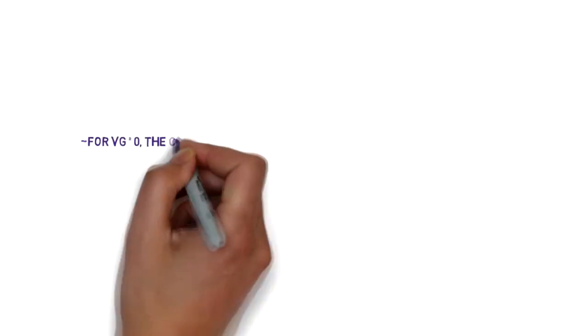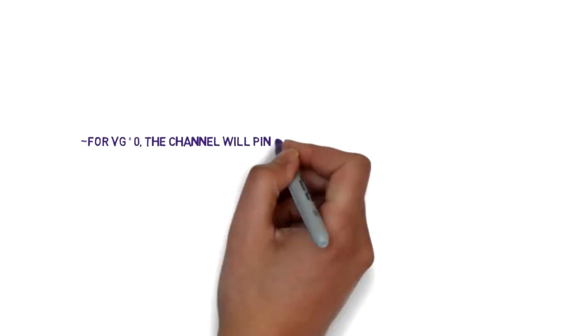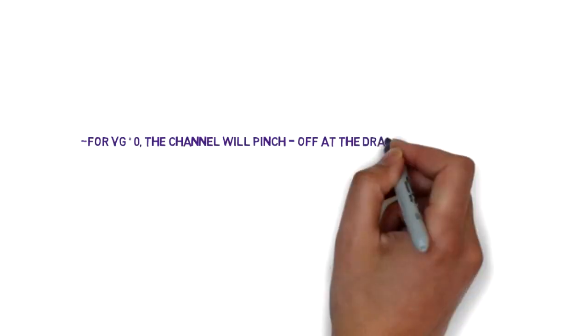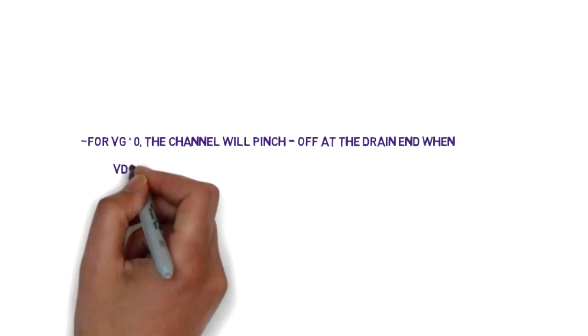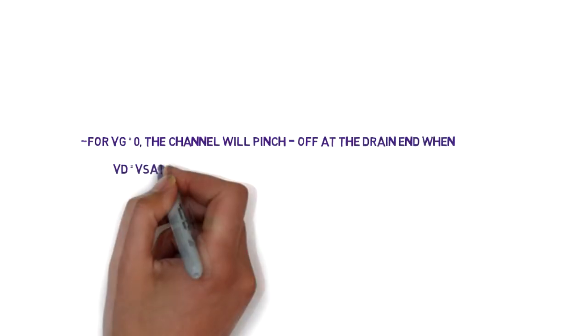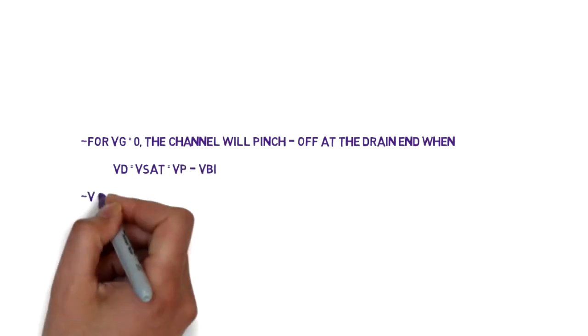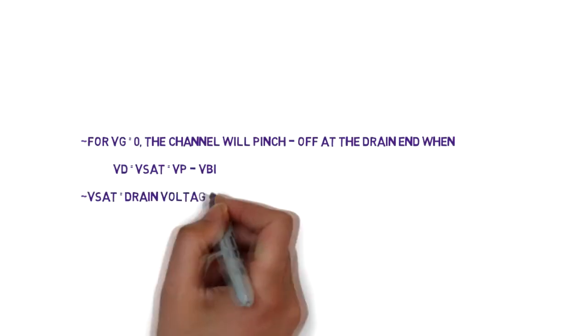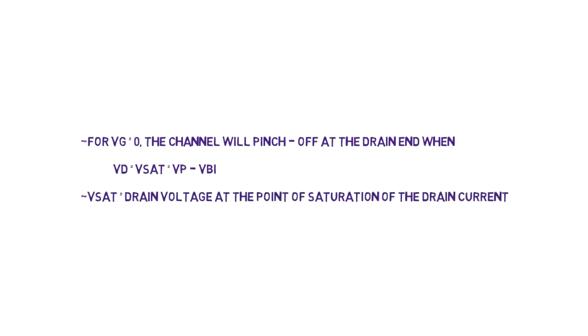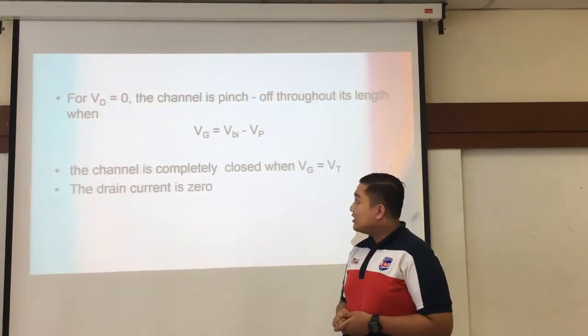When the gate voltage is equal to 0, the channel will pinch off at the drain end, so the drain voltage equals VSAT, which is Vp minus the built-in voltage. VSAT is the drain voltage at the point of saturation of the drain current.